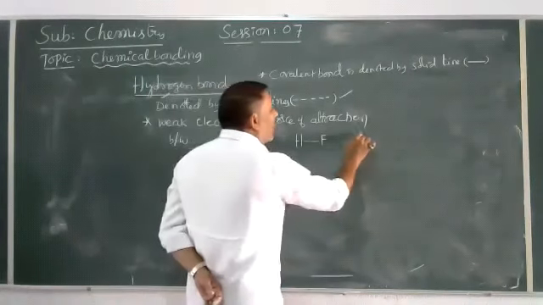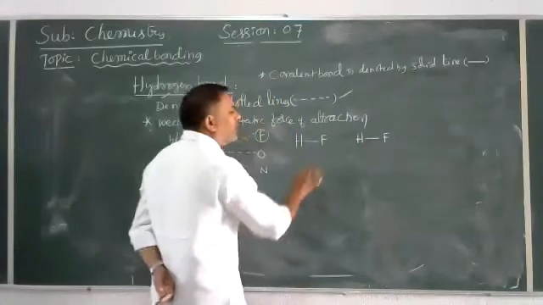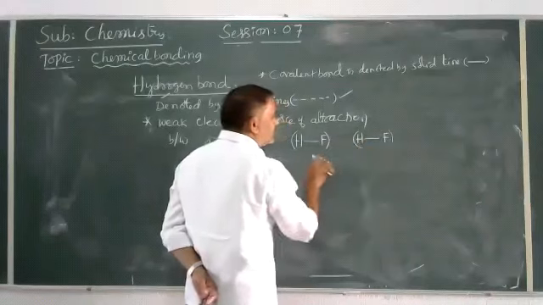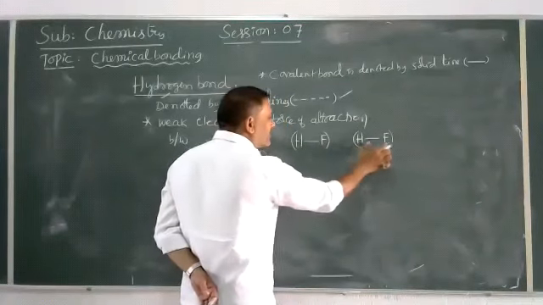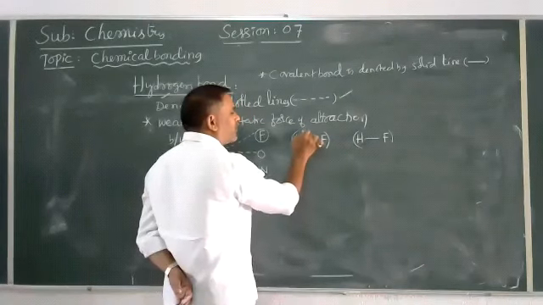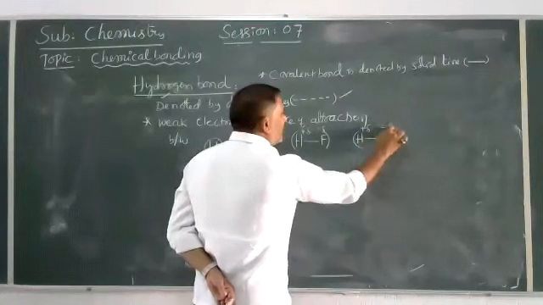Whereas between these molecules, the same molecule, hydrogen fluoride, there exists a polar molecule. It has a partial positive and partial negative. It is also partial positive and partial negative.